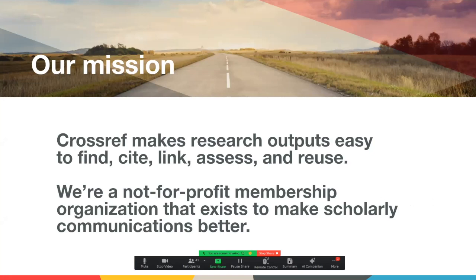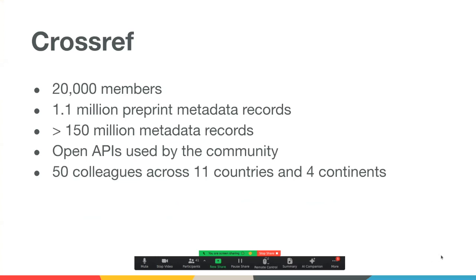We're also a DOI registration agency, so our members send us DOIs and metadata about those, and we make that available. We are a membership organization and a not-for-profit, and we're here to benefit the whole of the scholarly communications community. We have 20,000 members.